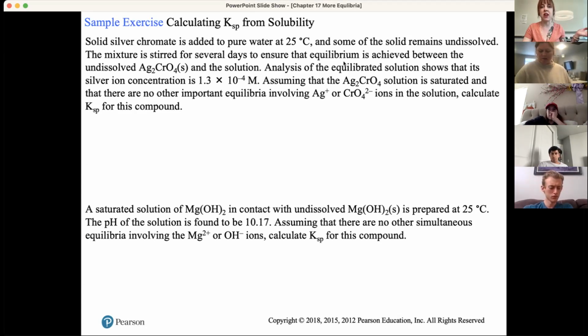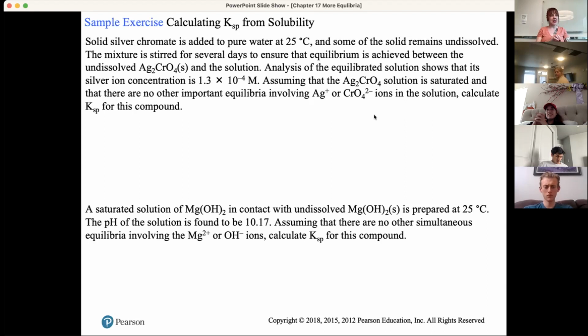And then they let it sit for several days. Seems excessive, but it's fine. They're doing an experiment. Analysis shows that silver ion concentration is 1.3 times 10 to the negative 4. Assuming that silver chromate is saturated and there are no other important equilibria, calculate the KSP. Oh, yes, I like this one.